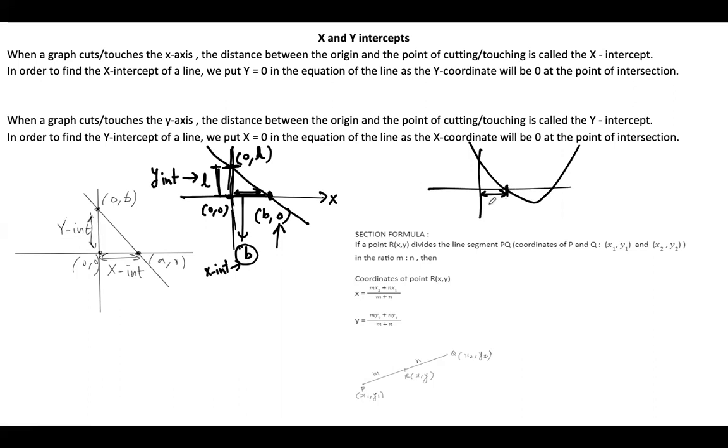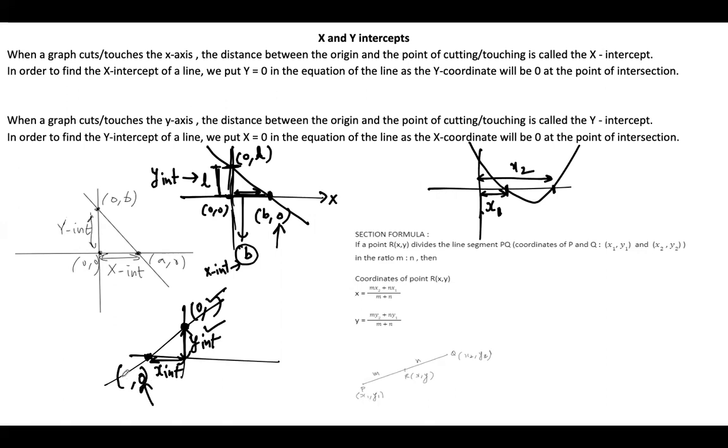This will be one, and this will be another intercept, which is x2. Wherever this line is cutting, the distance from the origin is your x-intercept, and the distance from the origin here is the y-intercept. To find the y-intercept, you make the x coordinate 0 and find the value of y. To find the x-intercept, you make the y value 0 and find the value of x. Is it clear?